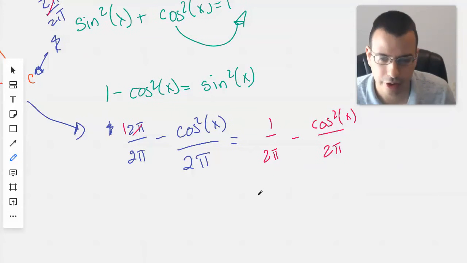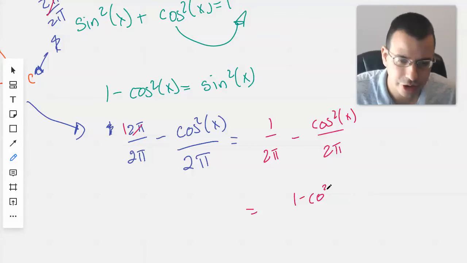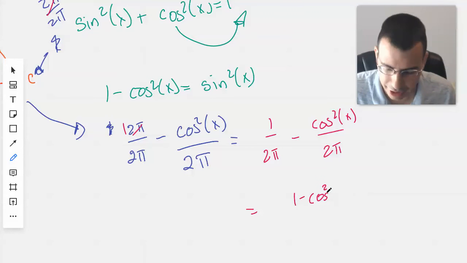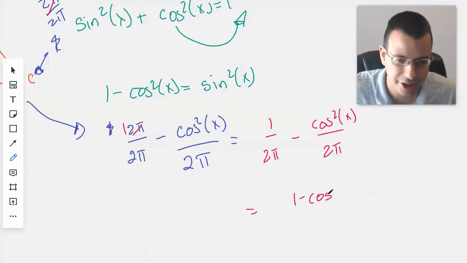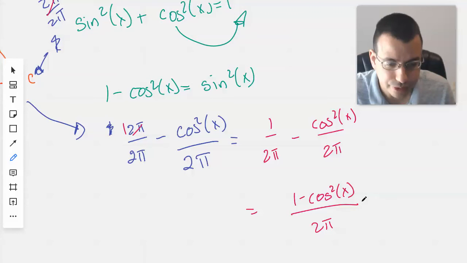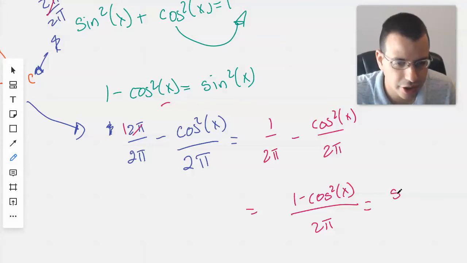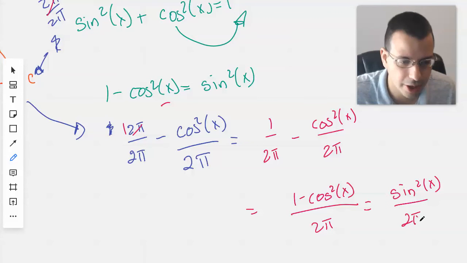This gives us 1 minus cosine squared. Oh, that was terrible. I am trying to salvage it and it is not working. Here we go. Based on the Pythagorean theorem up here, we get sine squared of x over 2 pi.